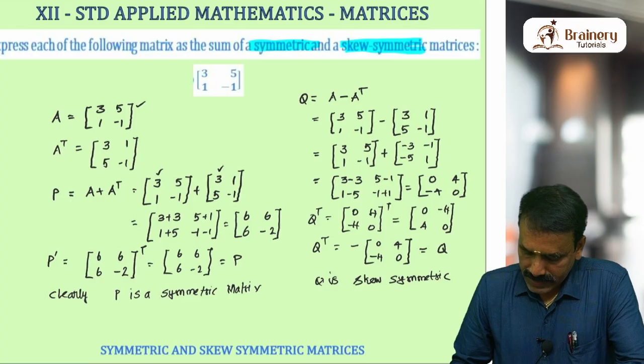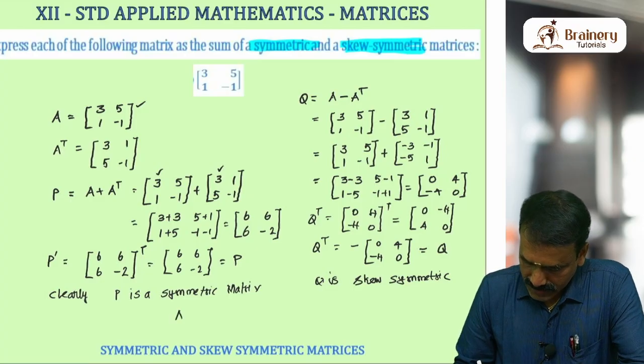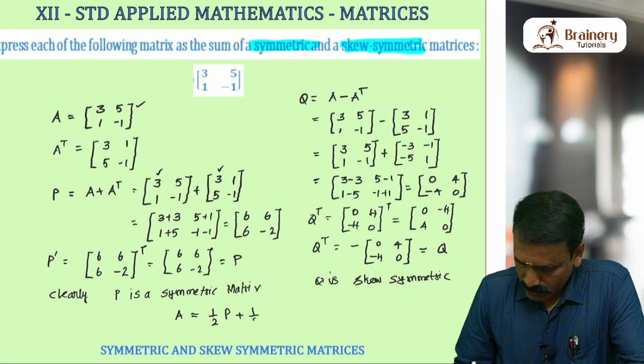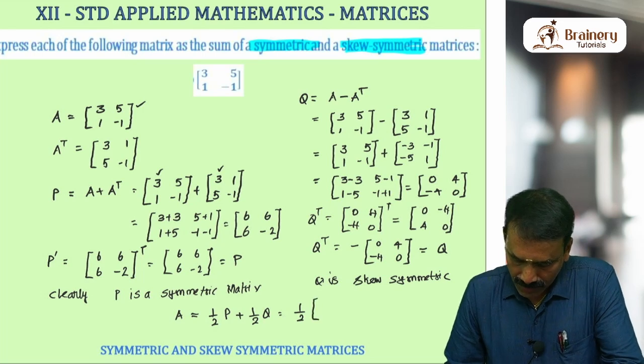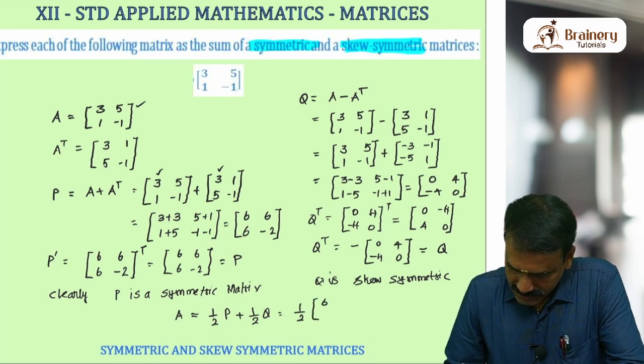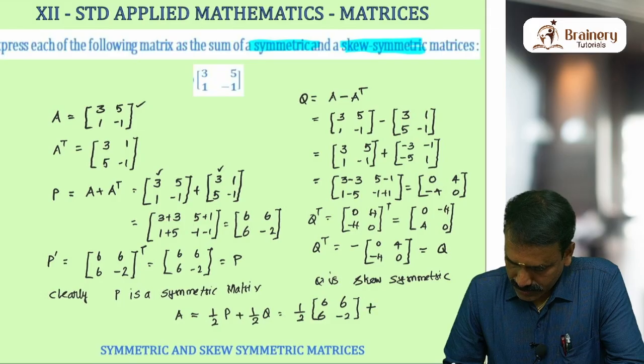Now my A can be written as A is equal to 1 by 2 times P plus 1 by 2 times Q, that is equal to 1 by 2 times P matrix, that is 6, 6, 6 minus 2 plus 1 by 2 times Q matrix.